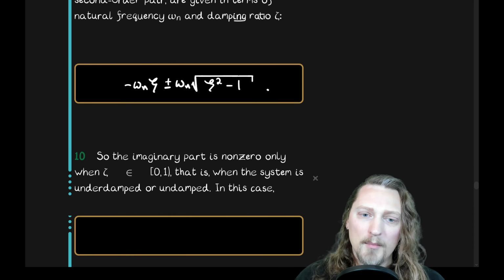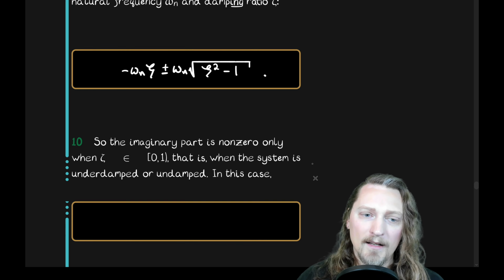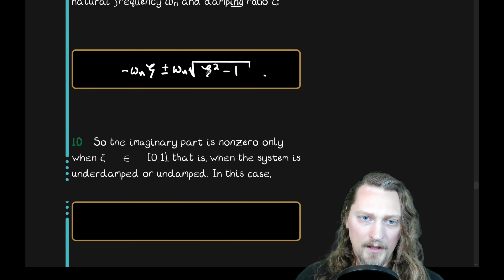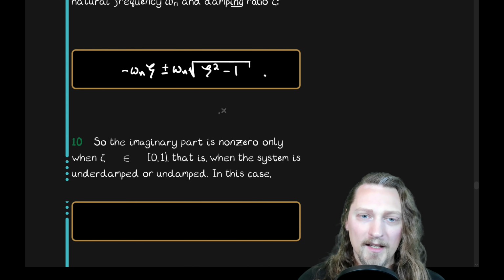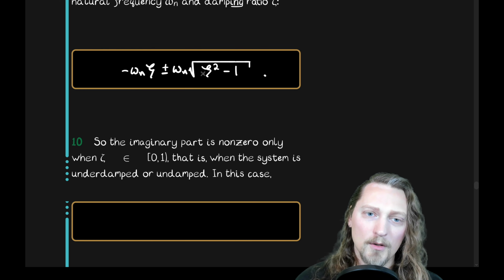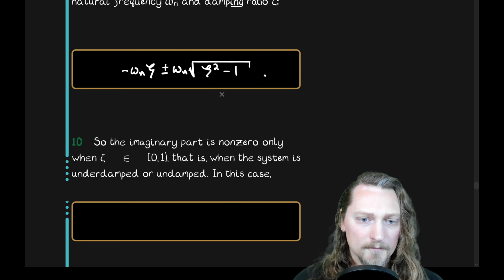So the imaginary part is non-zero only when zeta is in the range 0 to 1. If you look here, zeta squared minus 1 is going to be negative when zeta is between 0 and 1, which leads to a square root of negative 1, which is of course the imaginary number.